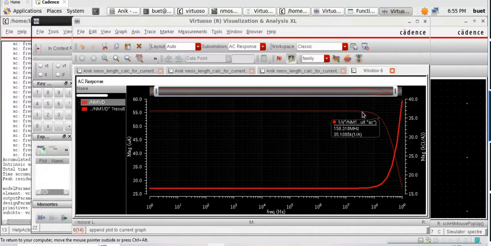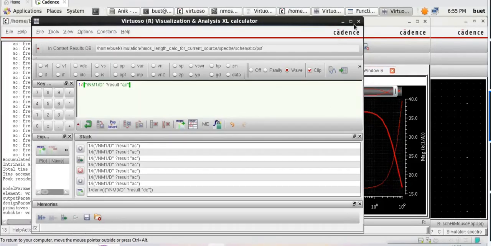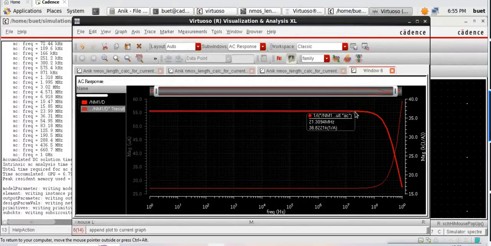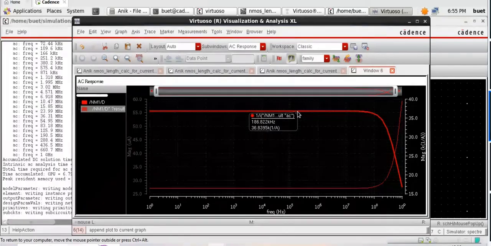You can see, right? So the constant frequency I can choose over here at a particular value. So basically the resistance across all the frequencies is 36.83 kilo ohm.